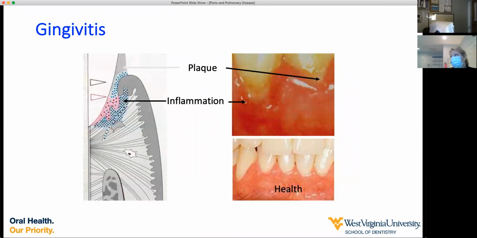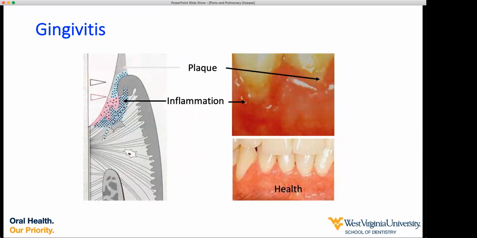As I mentioned, the earliest stage of periodontal disease is called gingivitis. This is totally reversible. This is where the bacteria start to form a biofilm in the pocket. It isn't mechanically removed, and the tissue responds with an inflammation.